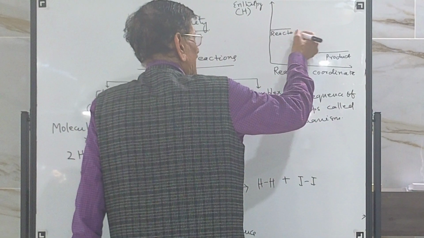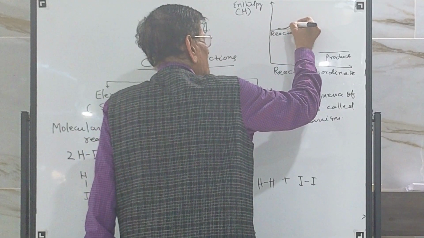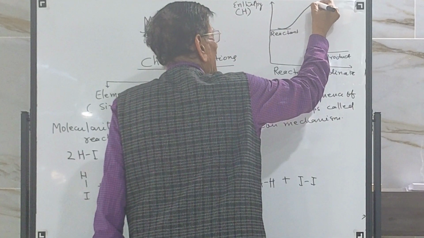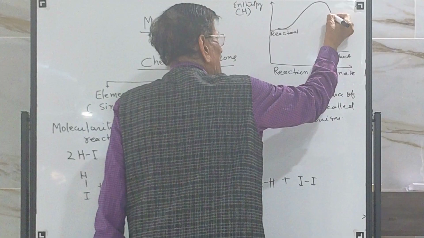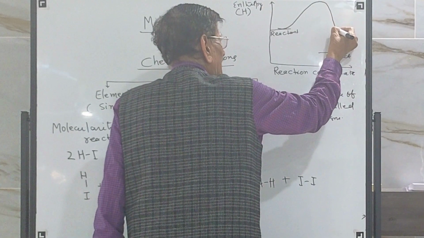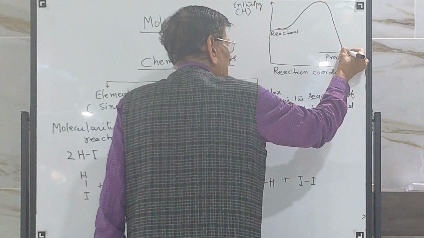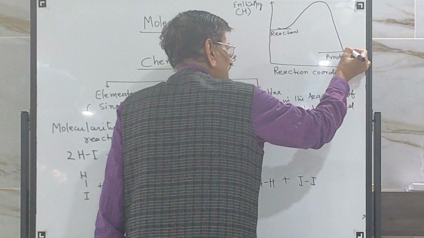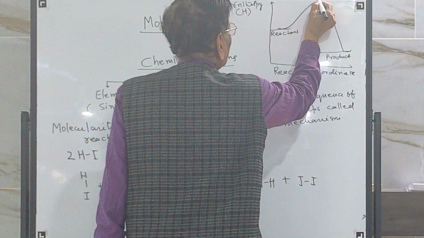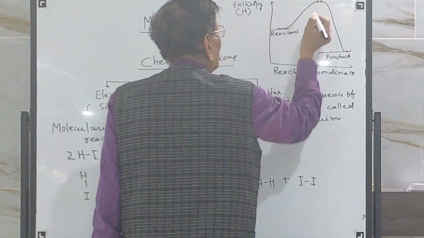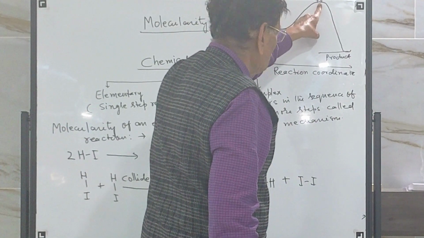Now, when reactant molecules collide together, their energy increases like this, and finally it attains some energy. After attaining that energy, bond formation begins again, and therefore energy is decreased. The product is formed. Transition state lies here at the peak of the energy diagram.